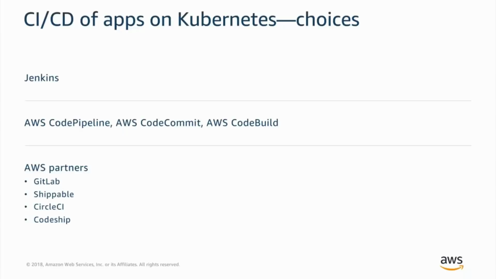But there are also lots of AWS partners that are available, such as GitLab, Shippable, CircleCI, as well as CodeShip. So you can use any of these for CI/CD.